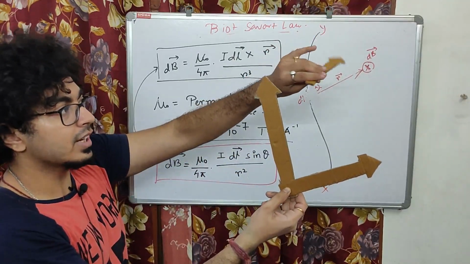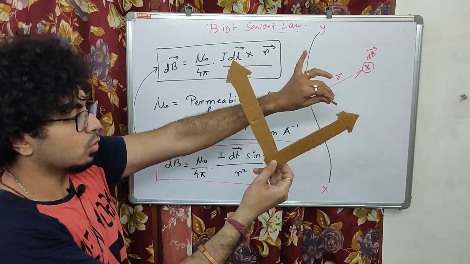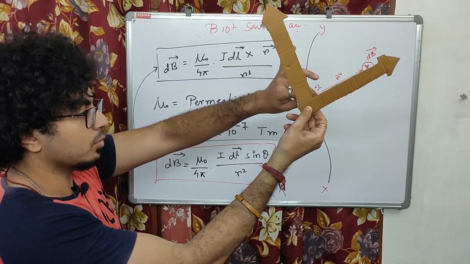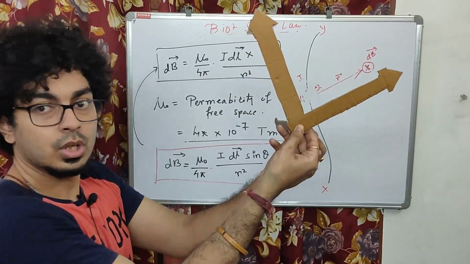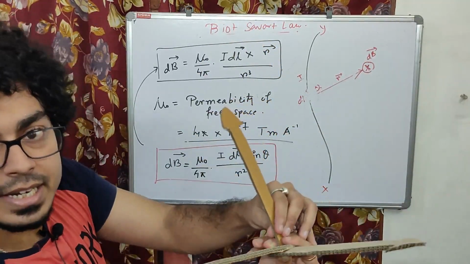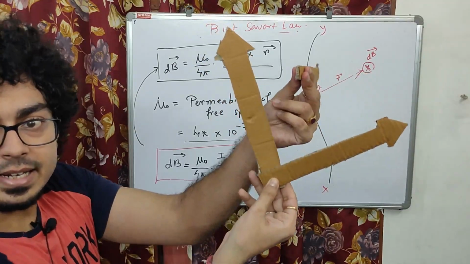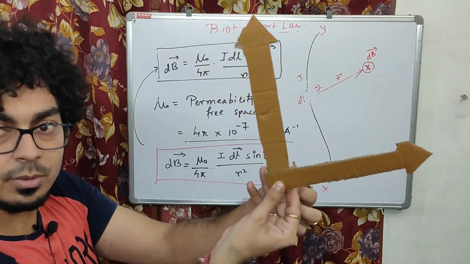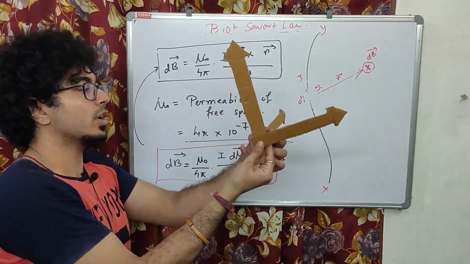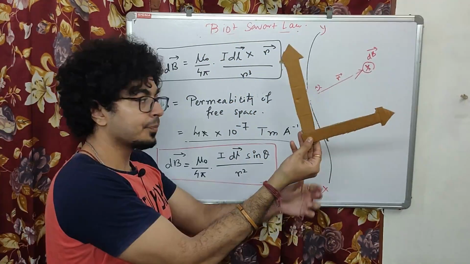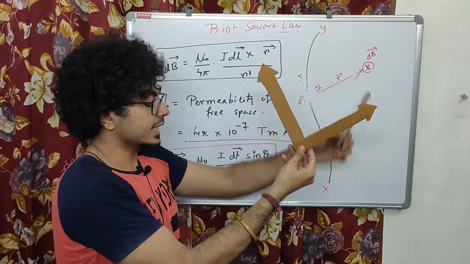So the magnetic field is directed into the board, and it is perpendicular to dl and r both. Can you understand this? I have made this 3D model just to make you understand. So the direction of magnetic field is into the board.